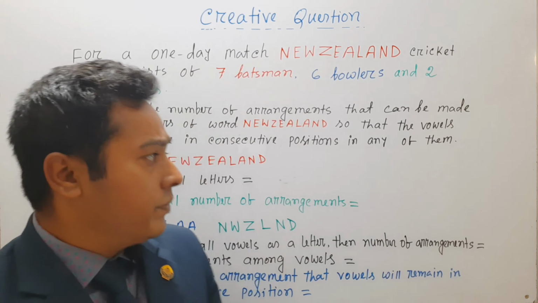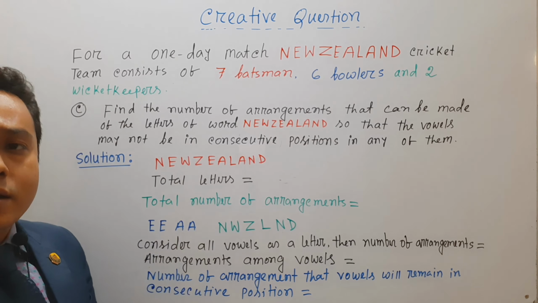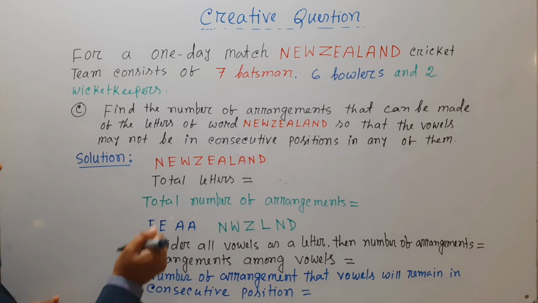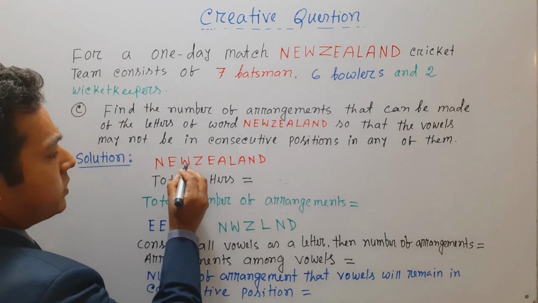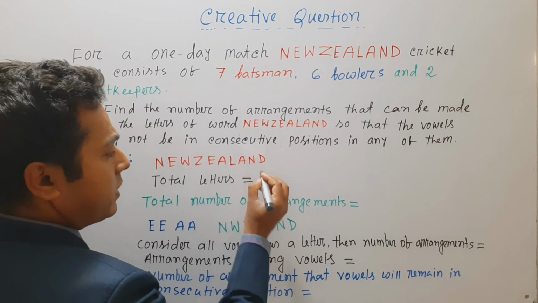Okay, so here, what is New Zealand? Total letters is equal to 1, 2, 3, 4, 5, 6, 7, 8, 9, 10.